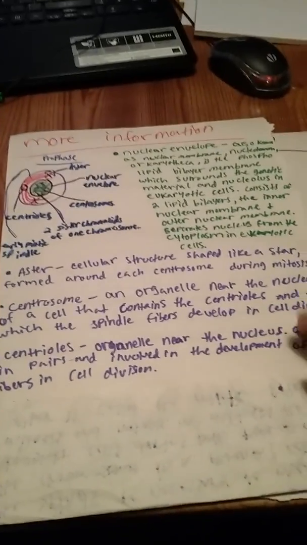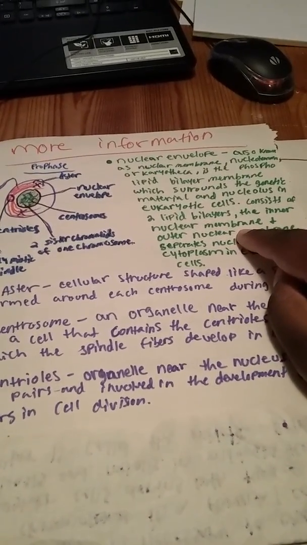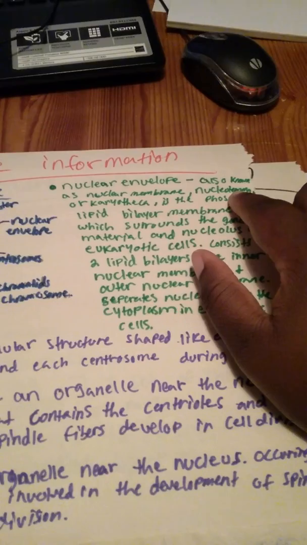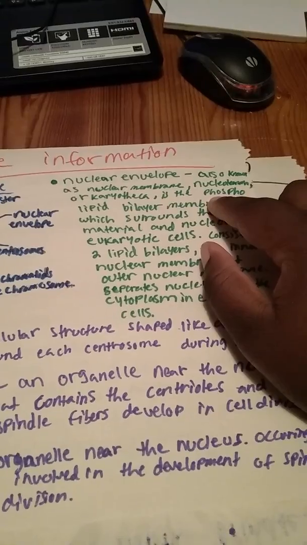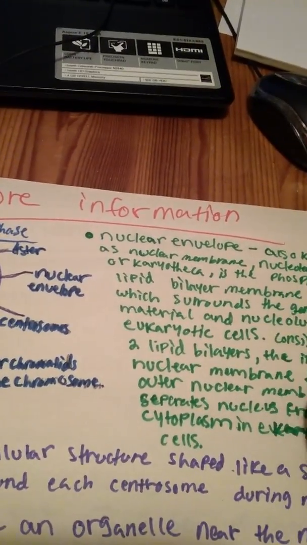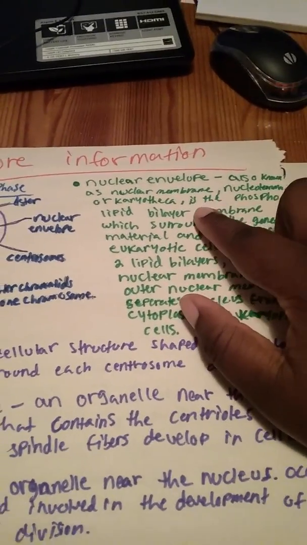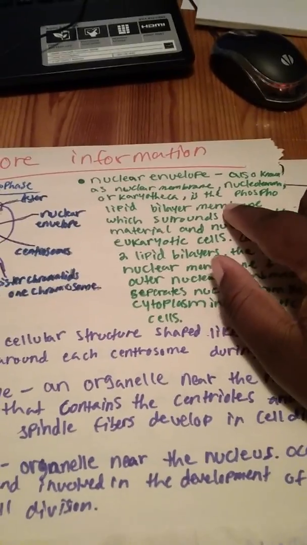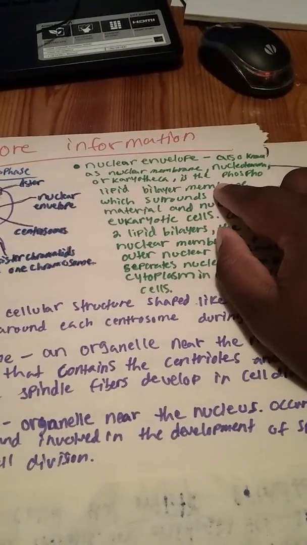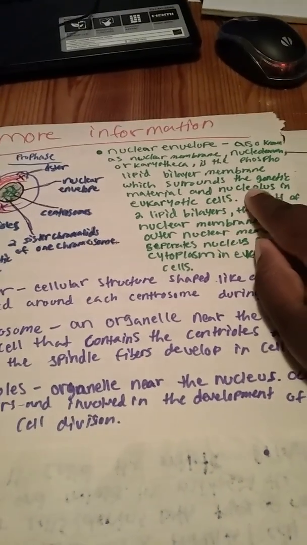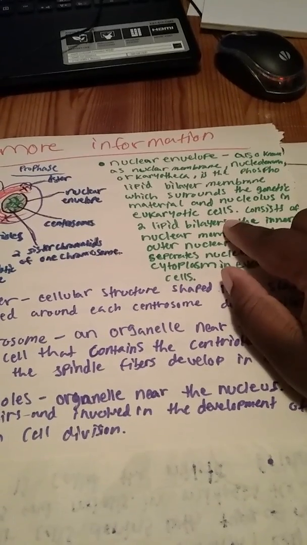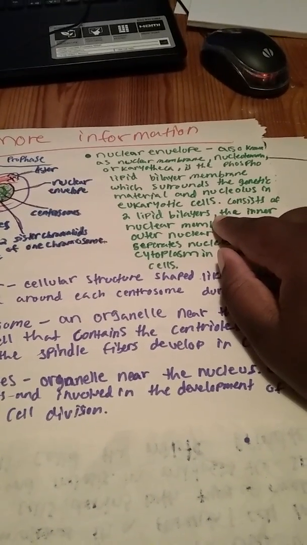So what this is, the nuclear envelope. It is also known as the nuclear membrane. It's a phospholipid bilayer membrane which surrounds the genetic material in the nucleus of eukaryotic cells.